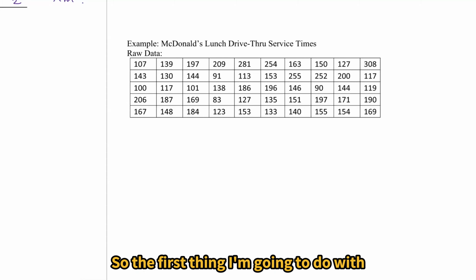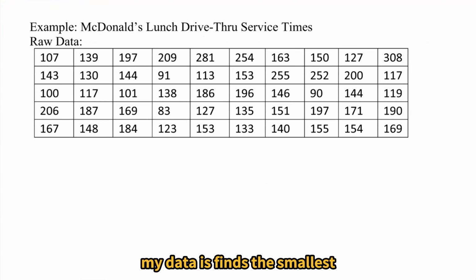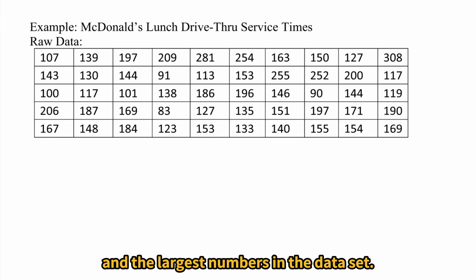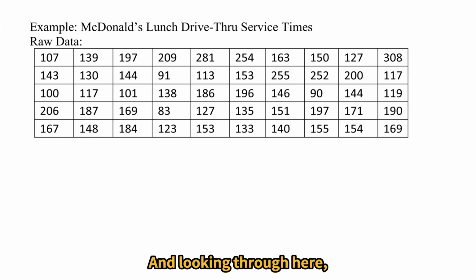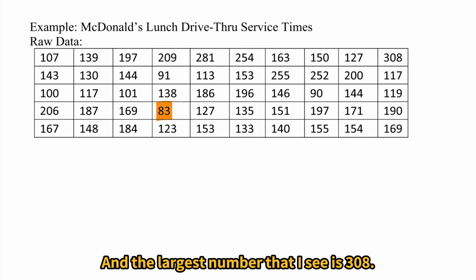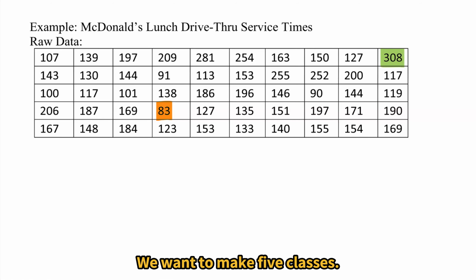So the first thing I'm going to do with my data is find the smallest and the largest numbers in the data set. And in looking through here, the smallest number I see is 83, and the largest number that I see is 308. We want to make 5 classes. I'm going to go with the class route instead of the width route.